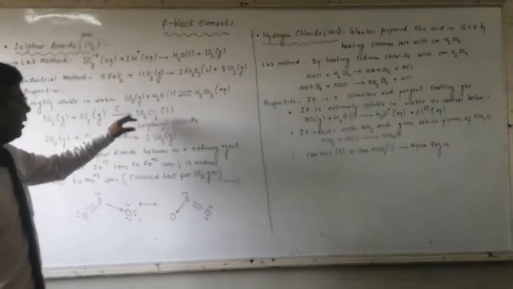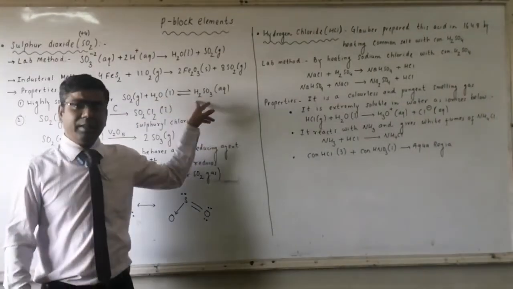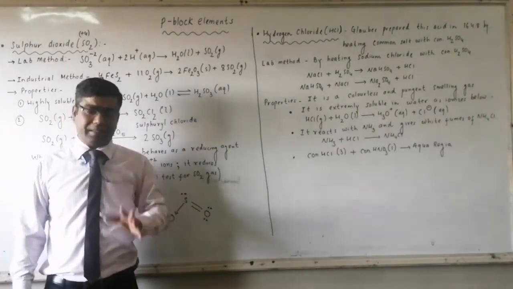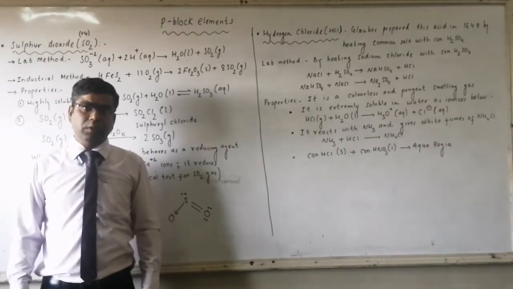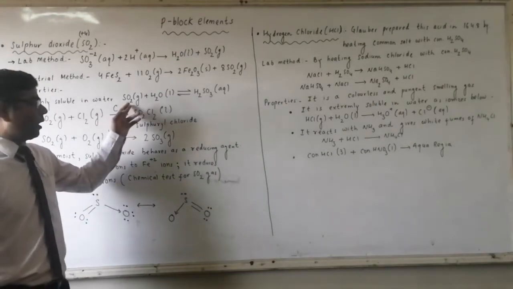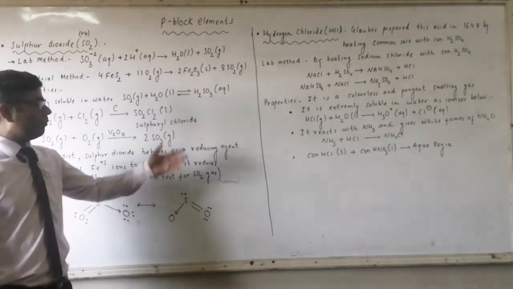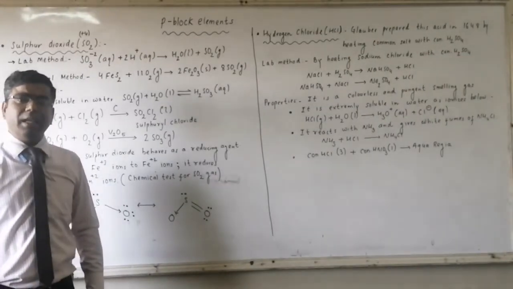SO2 reacts with water and forms H2SO3, that is your sulfurous acid. So there is a chemical reaction between sulfur dioxide and water. That's why the gas is highly soluble in water.